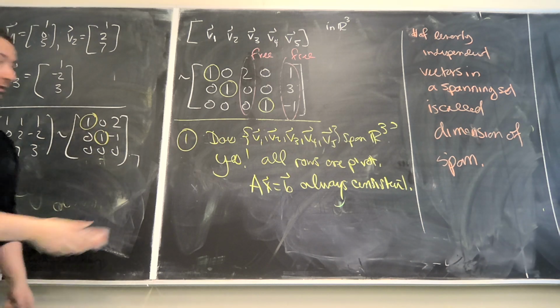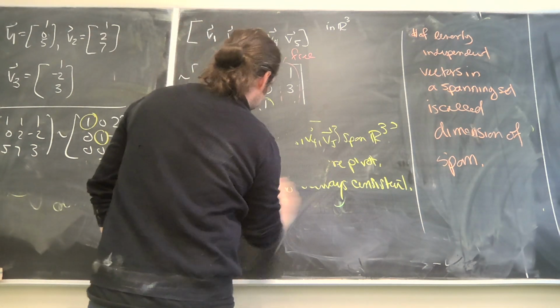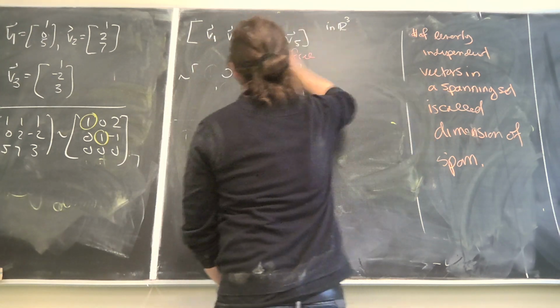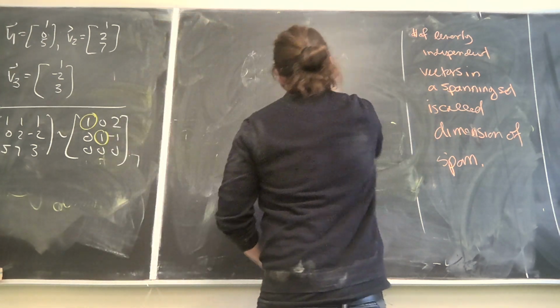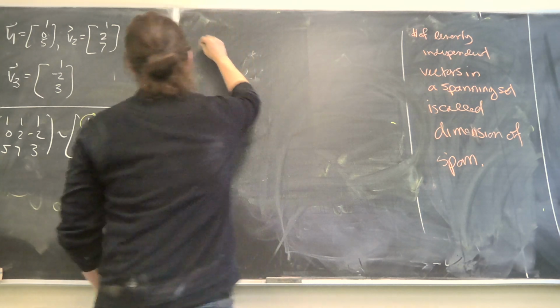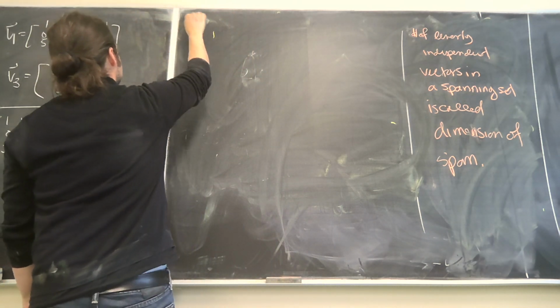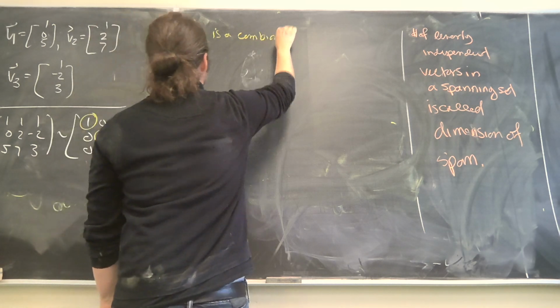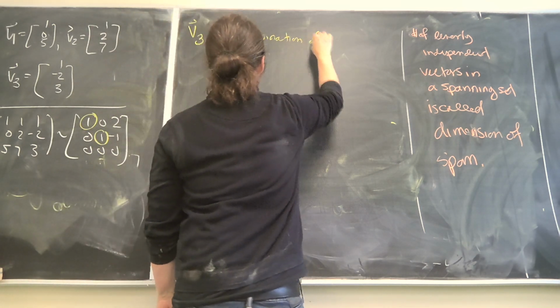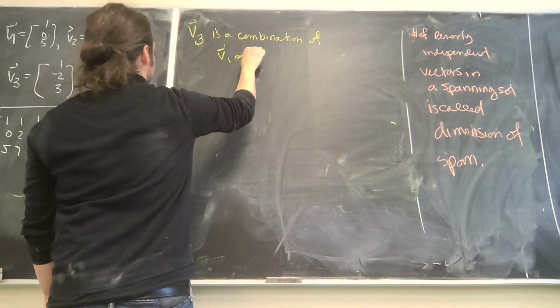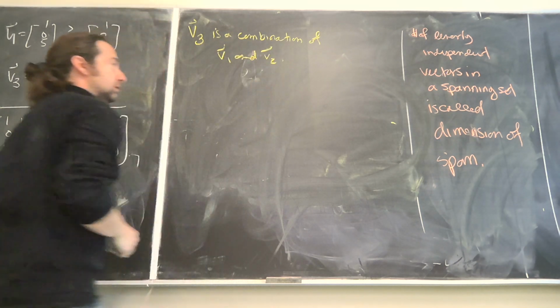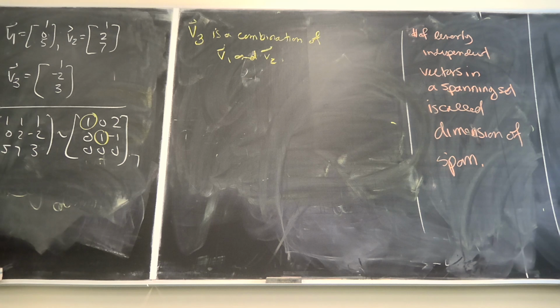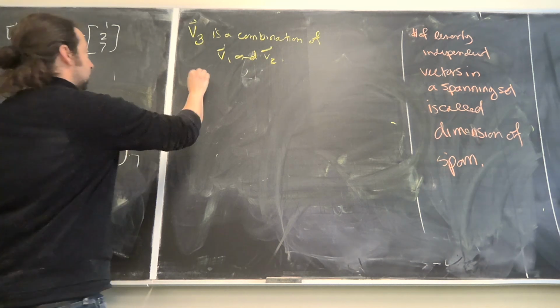So what that means, if we feed the idea of linear dependence into all this, is that V3 is a combination of V1 and V2.